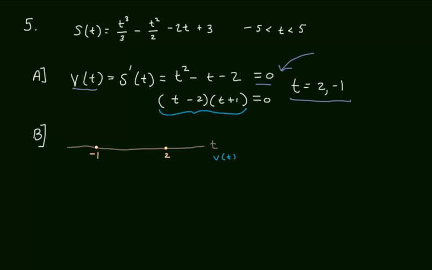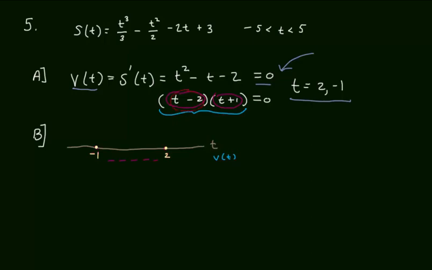So for instance, let's suppose I plugged in a number between -1 and 2, let's say 0. Well, this quantity, if I plug in 0, is negative. This quantity, if I plug in 0, is positive, and the product would be negative, so the velocity on this interval is negative.